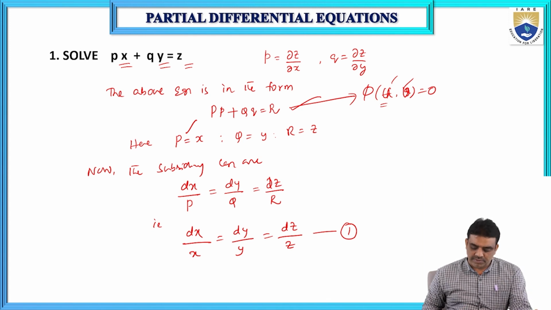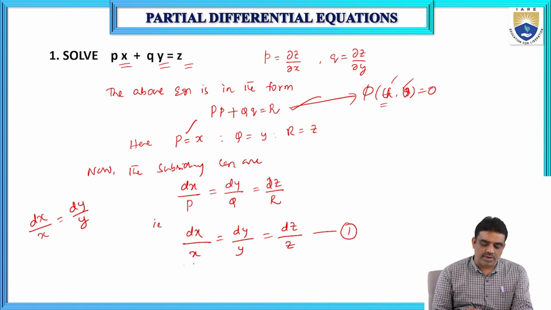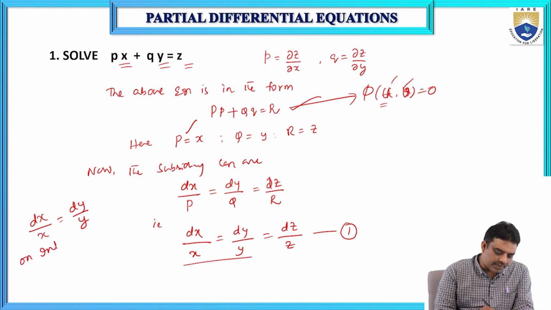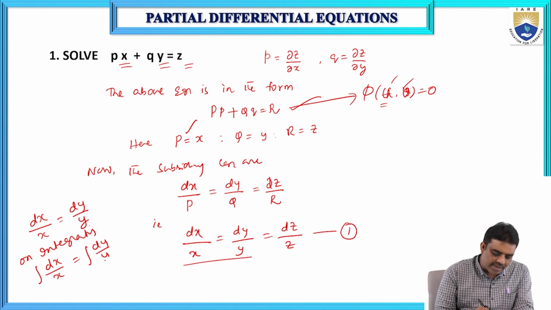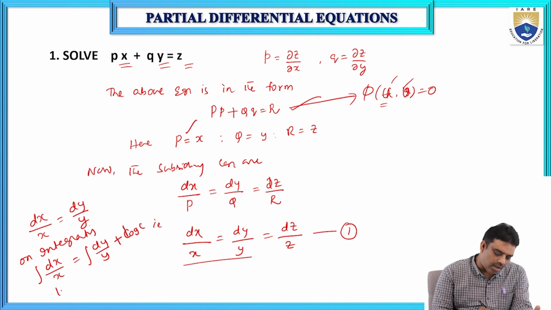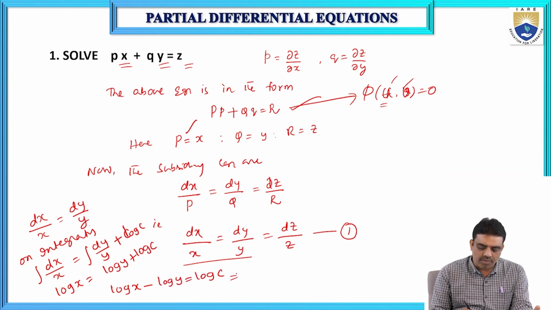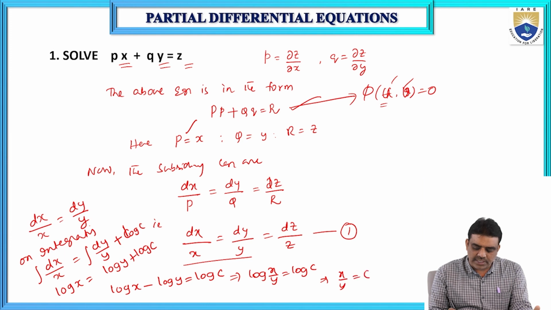Now on taking the first two equalities, dx/x = dy/y, and on integrating, we get ∫dx/x = ∫dy/y + c, or we can say log c, because these are log values. log x = log y + log c, or log x − log y = log c, or log(x/y) = log c, or x/y = c is the first solution.